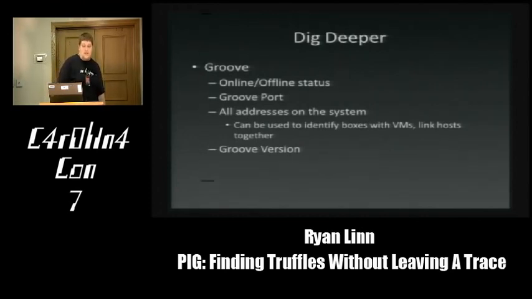And it'll also tell us the version. So if a version's ever vulnerable, we can figure information out based off that. But I guess the other interesting thing is different versions of Groove ship with different versions of Office. So I also know what Office version you're running. So if there's a new 0-day for Office 2007, and I know you're running the Groove version from 2007, you're now a target for social engineering.